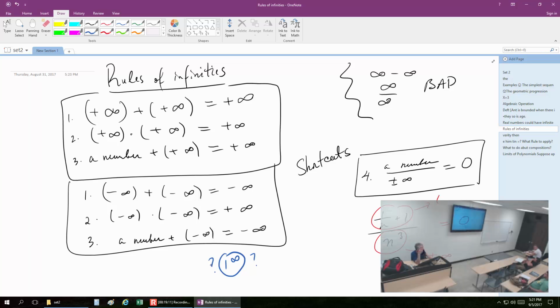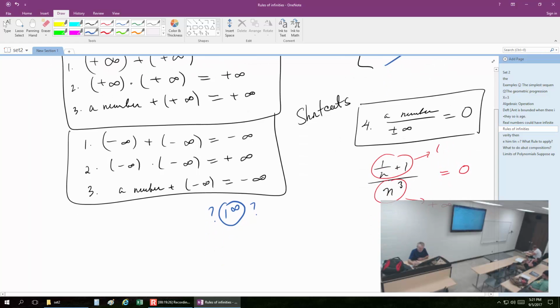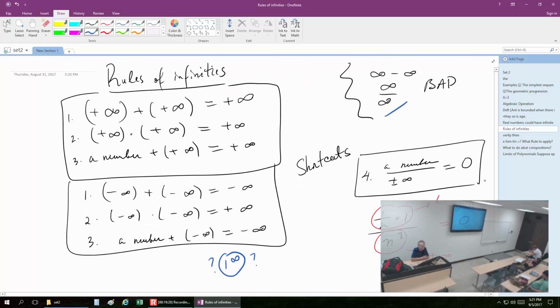Infinity divided by infinity looks like 1, but why not 0? Why not another infinity? We have already seen cases where this could be any expression, if you can find appropriate sequences. So those two in the upper corner are meaningless.